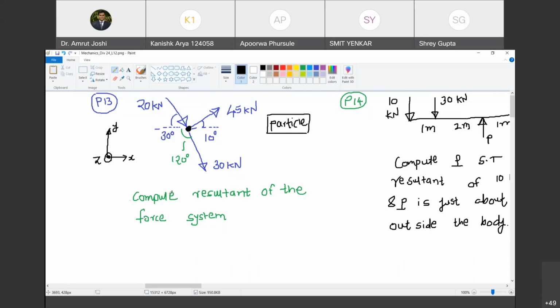So can I categorize this force system as a coplanar force system? Yes, sir. Because the lines of action of all the forces are lying in a single plane, I am going to call this force system a coplanar force system. Happy? Yes, sir. Okay, great.